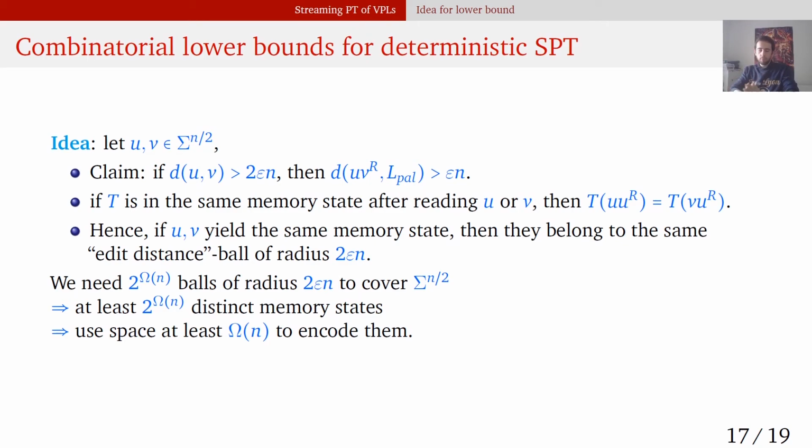So the idea of the proof is the following. We look at the memory state of the algorithm after it reads the first half of the word. Let's consider two half words U and V. We can prove that if the distance between U and V is sufficiently large, then U followed by U reverse and V followed by U reverse are epsilon-far from the language of palindromes.